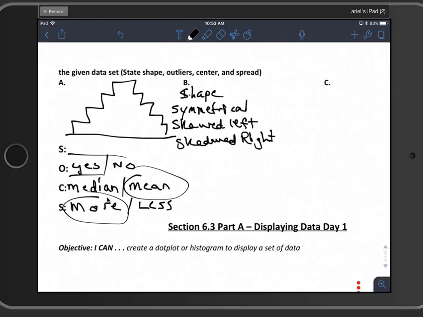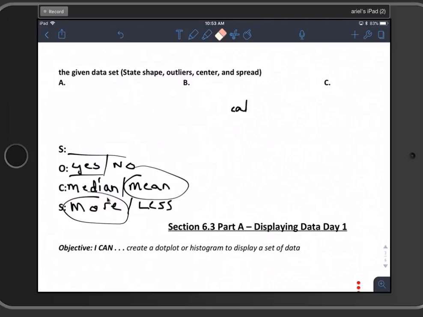Let's say on this one over here, let's say it looks like that.